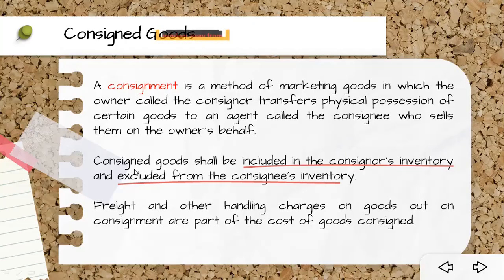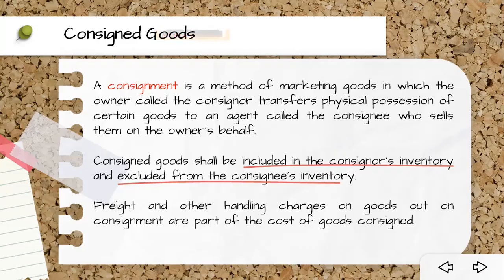So take note class, consigned goods shall be included in the consignor's inventory. So pag consigned goods or goods held out for consignment, tapos ikaw yung consignor, so that item should be included as part of your inventory.